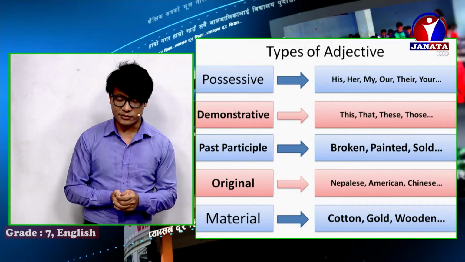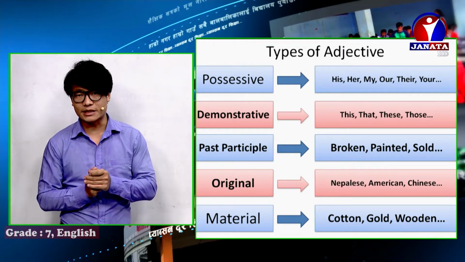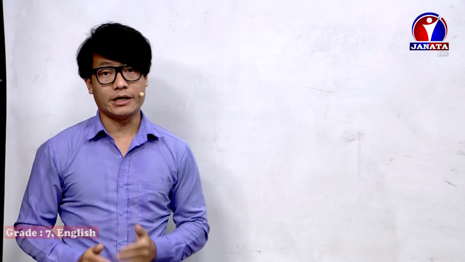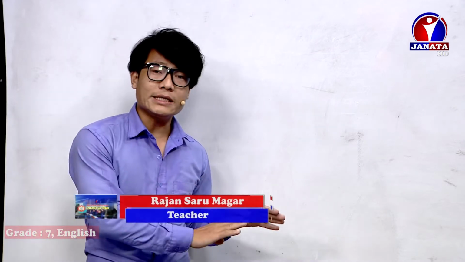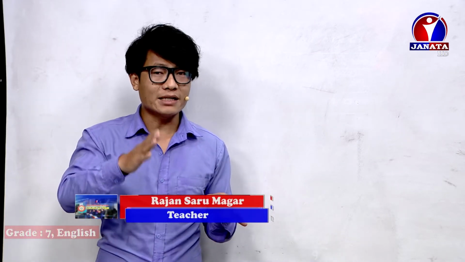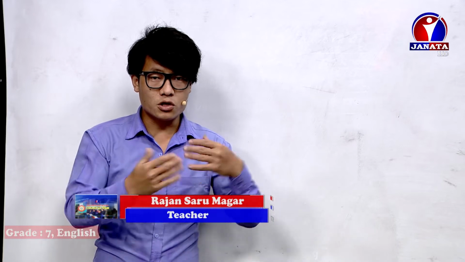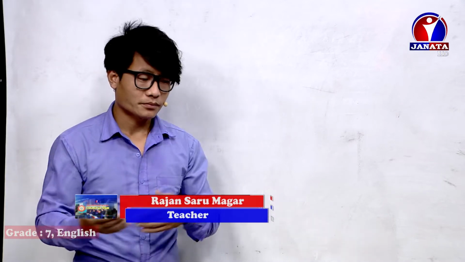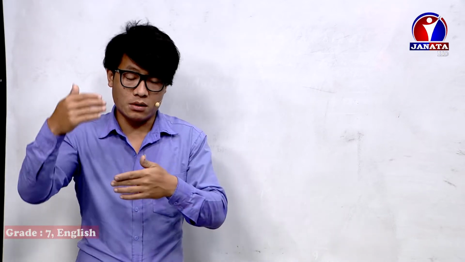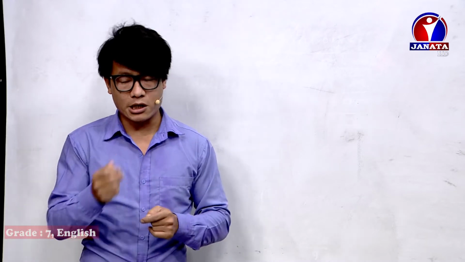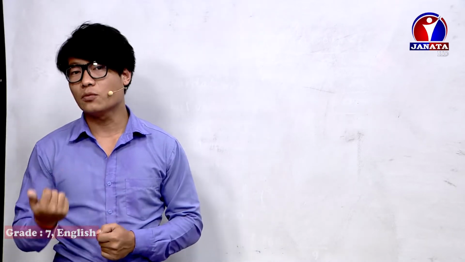So I have shown you the 10 types of adjectives, but the question is here: do all these types of adjectives get used in changing into comparative or superlative? No, only some of them are used to change into comparative and superlative degree.